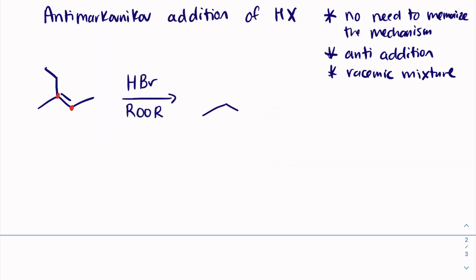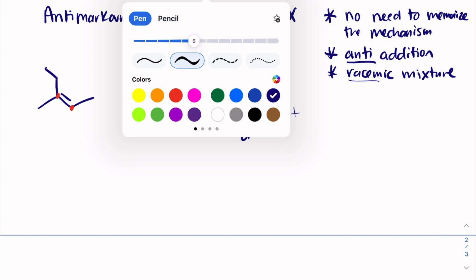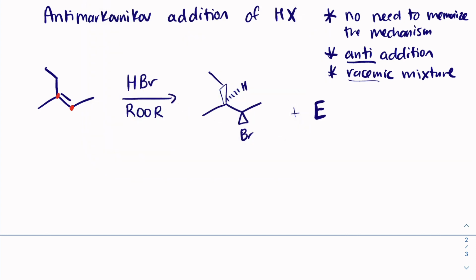And so what that means is that we will add our bromine to the least substituted. Because it's anti-addition, which means the hydrogen that is added should be opposite the stereochemistry of the bromine, which makes this ethyl group a wedge. And then because it's a racemic mixture, we will get the enantiomer.